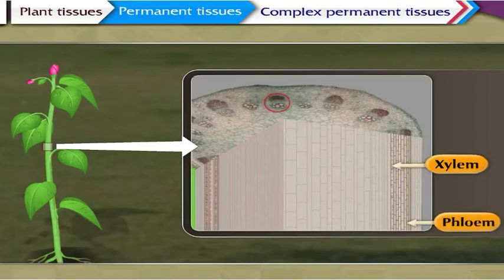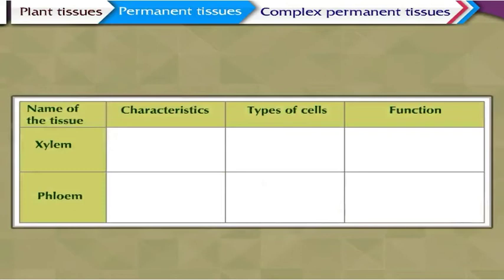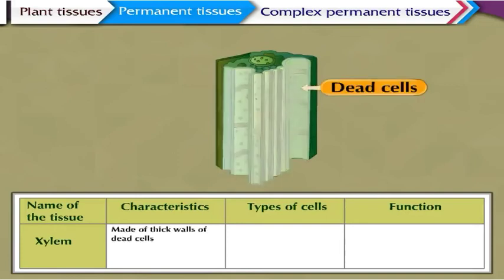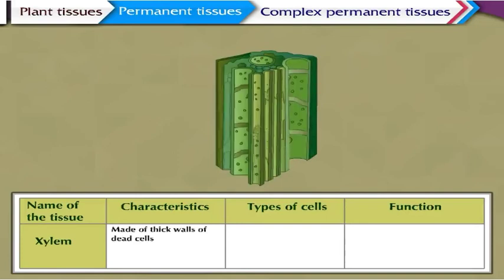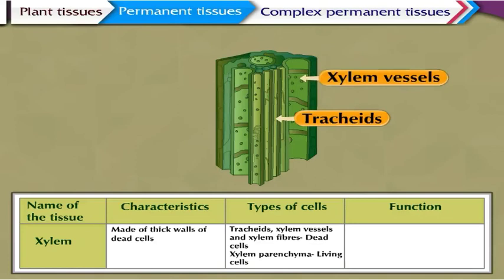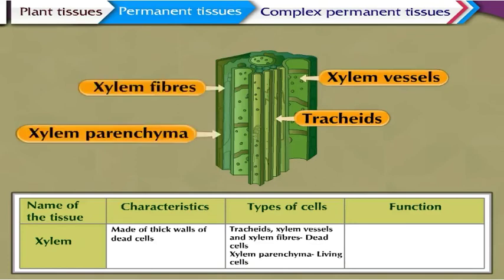Let us study these types with the help of this table. Xylem. Most of its cells are dead. The cell walls of the cells are thick. They are of different types: tracheids, xylem vessels, xylem fibers, and xylem parenchyma.